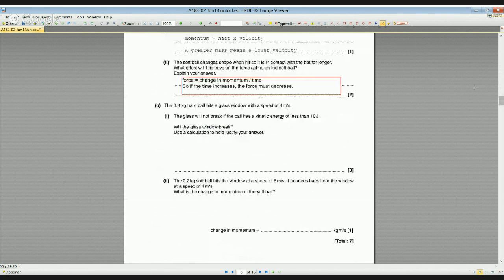So let's make a note of the formula here. So kinetic energy equals half multiplied by mass multiplied by velocity squared. And we can plug some numbers into this now. So half multiplied by the mass of the ball, it's the 0.3 kilogram ball, so half multiplied by 0.3, multiplied by the velocity of the ball, which is 4 meters per second, squared.